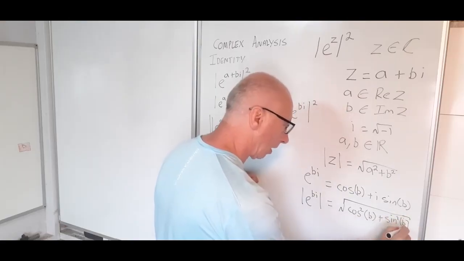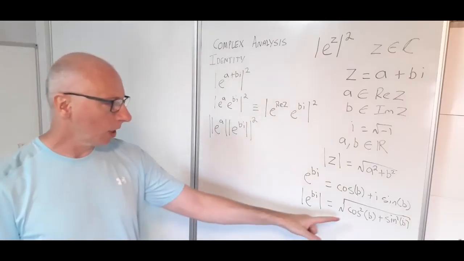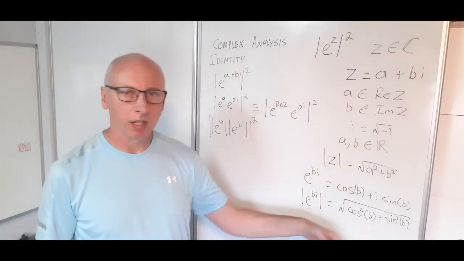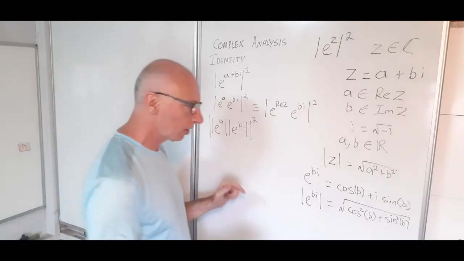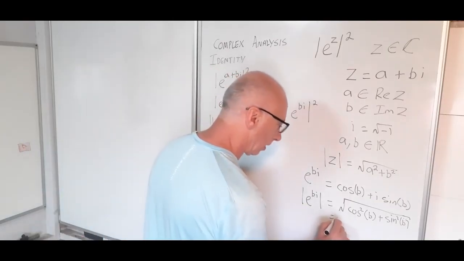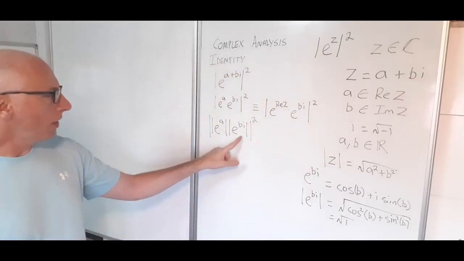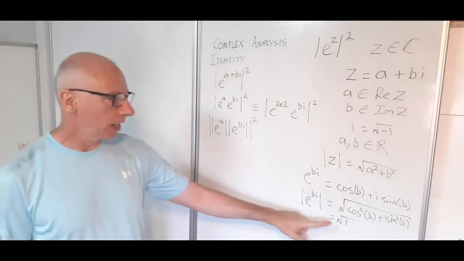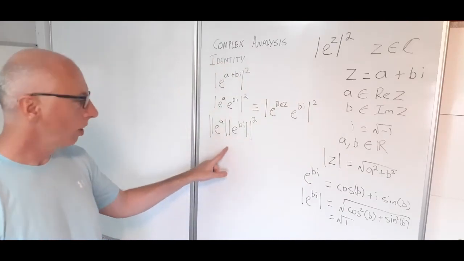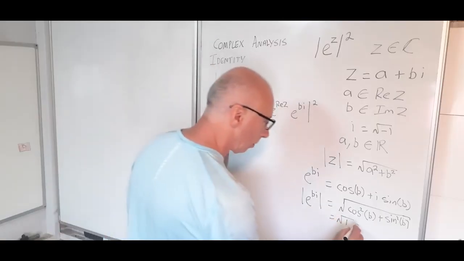That would take care of that. Now cosine squared of b plus sine squared of b, we all know is 1. That's a real famous identity. So the square root of 1. So I can rewrite the modulus of e to the bi as just basically the square root of 1, which is just the same as 1. So that we just know is 1.